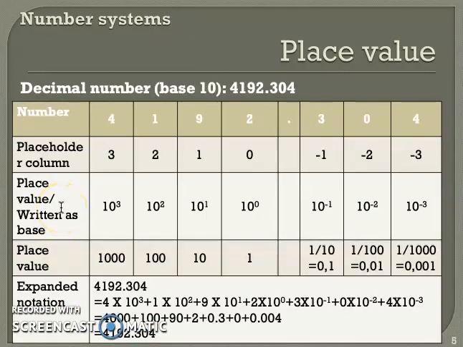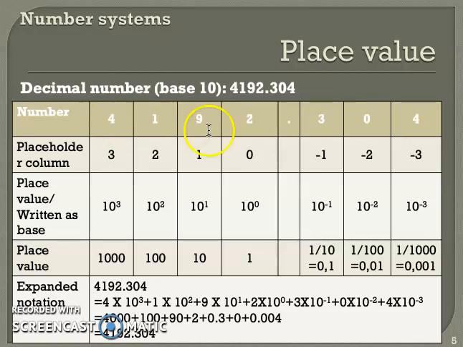Now, when you were working in the decimal number system, a number such as 4192.304 would have been represented as 2, and that's 90, and that's 100, and that's 4000.